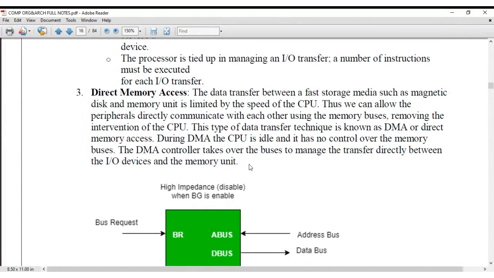Now, DMA normally works with high-speed storage media, like magnetic disks and optical disks and such things.